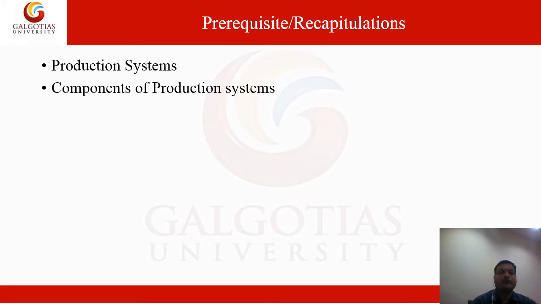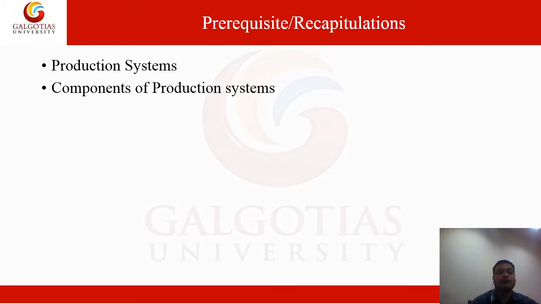To begin with transformation process, you all need to understand what a production system is and what the various components of a production system are. A production system is basically a system which converts input into output through a transformation process.